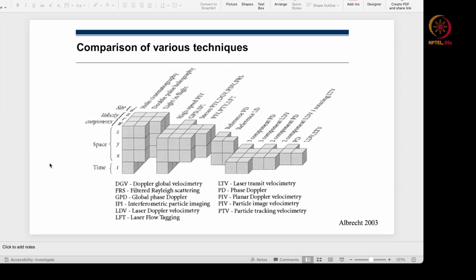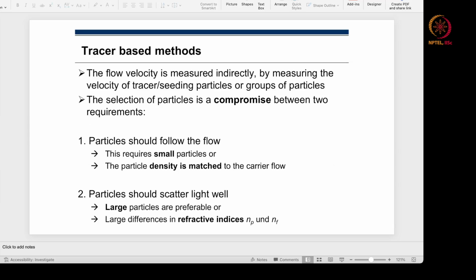In other cases, you may be interested in a particular location, and you might want to see what is going on there at a very high frequency. That means you measure the velocity at very high fidelity. All these things are possible, and depending on what you are trying to do, they vary quite a bit. So there is no one silver bullet for any particular application.